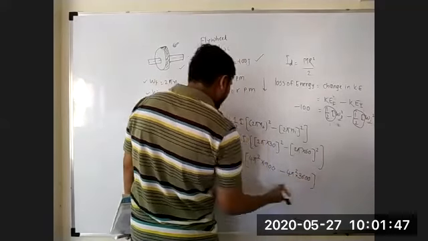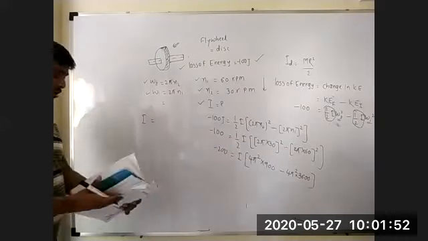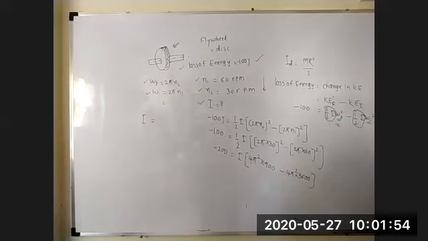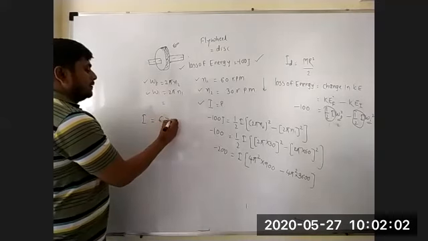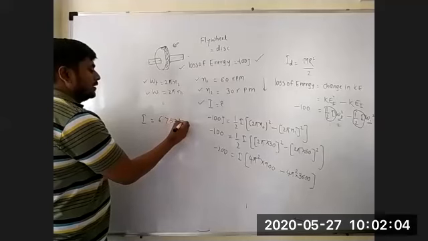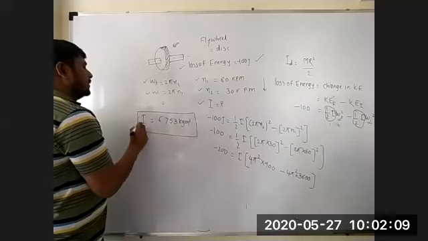By simplification, you will get the value of I, which in this particular problem is 6.753 kg meter square. So this is the solution of this particular question.